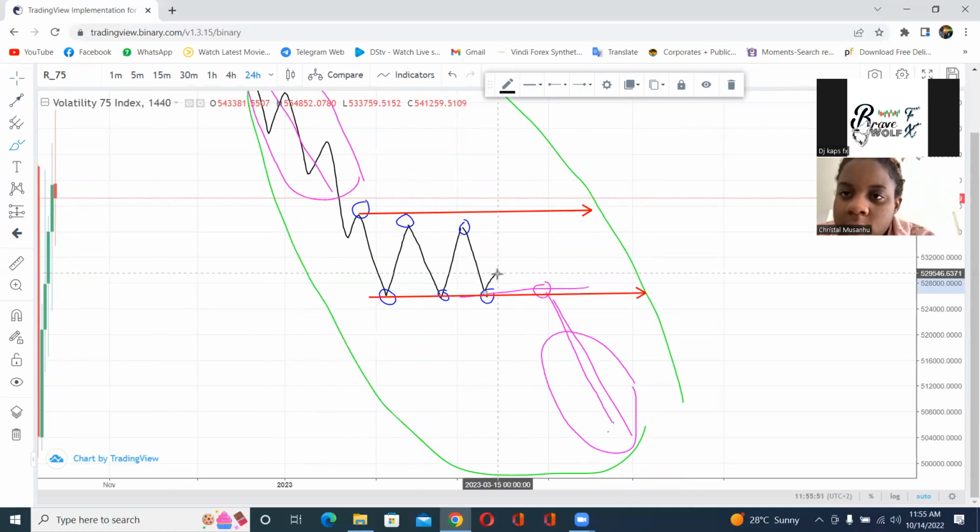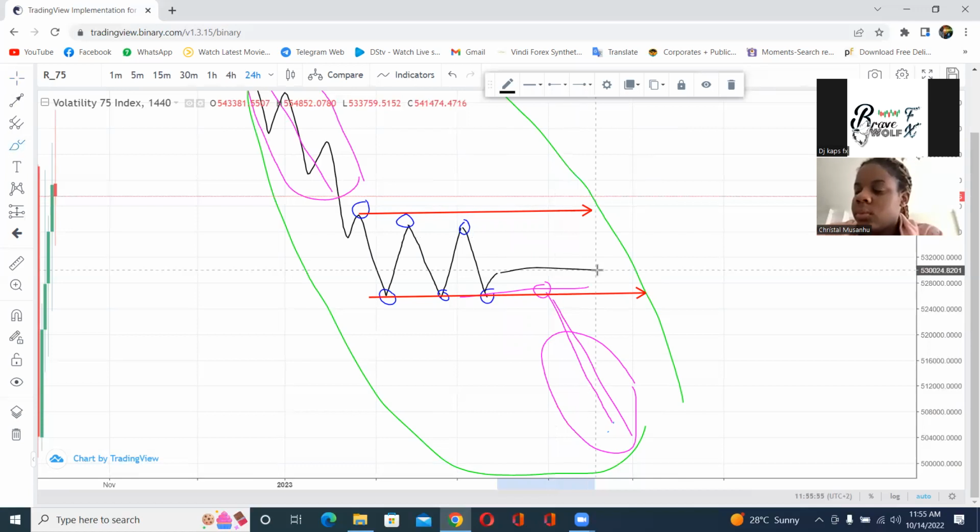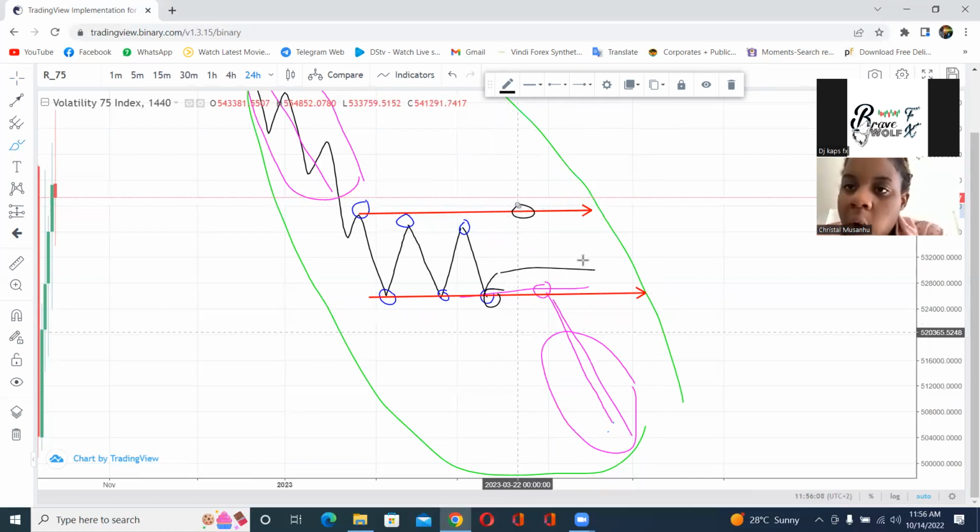When it leaves the support a little bit, this is where you take a buy. And then you put your stop loss of a buy. So here you are going to take a profit. You put the stop loss at the bottom, right? And then the take profit will be at the top. You understand?